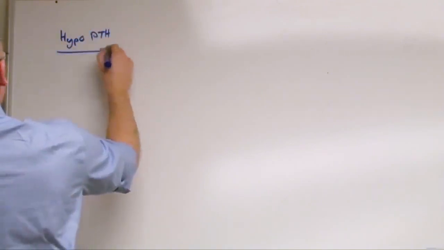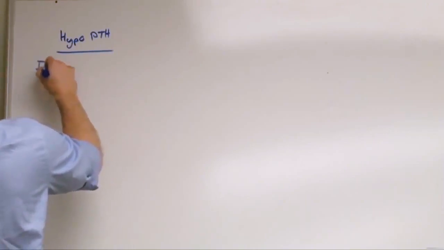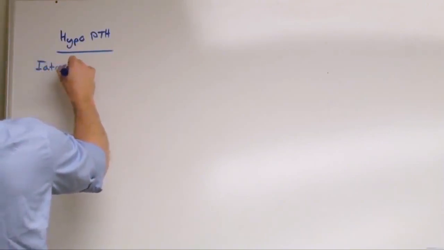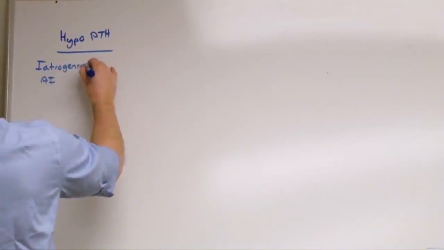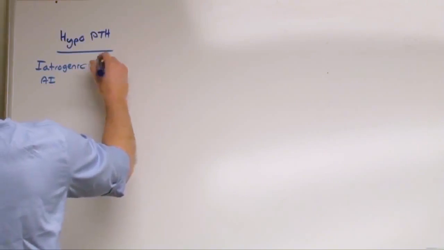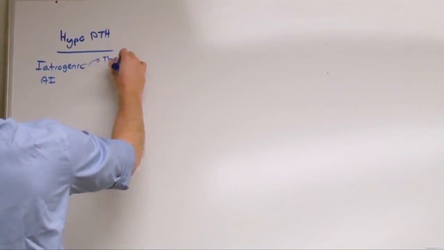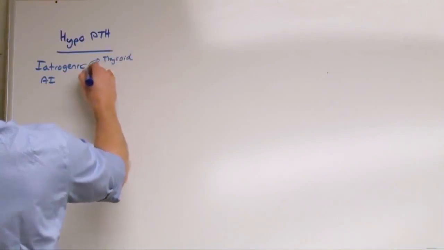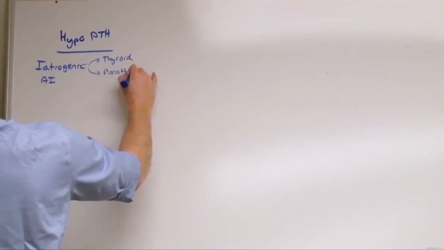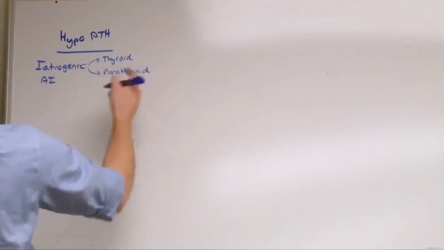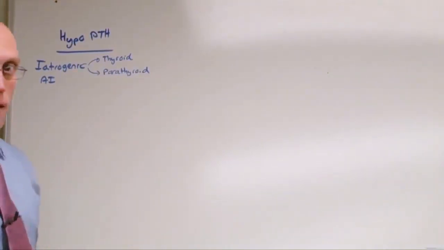And hypoparathyroidism is generally going to be iatrogenic. It can be autoimmune, but very rarely. And so either this is going to happen during a thyroid surgery where they accidentally take out the parathyroids, or during a parathyroid resection for an adenoma, and you haven't had time for those other glands to turn on.